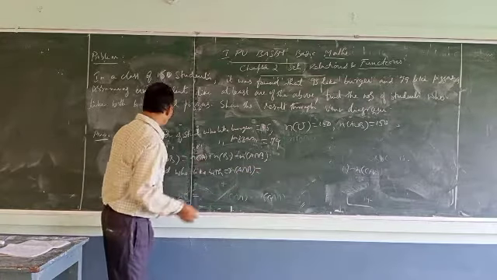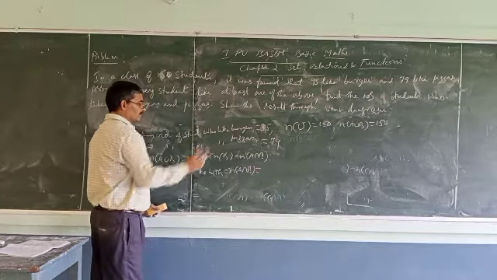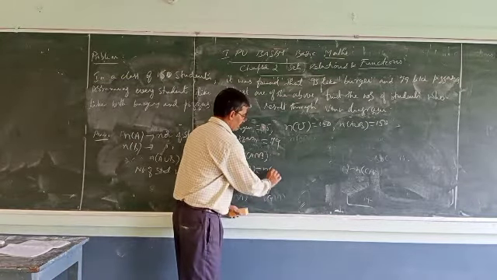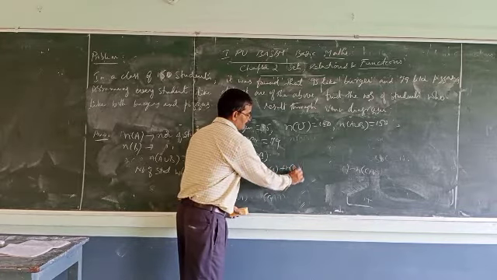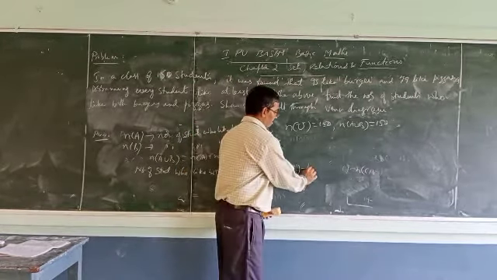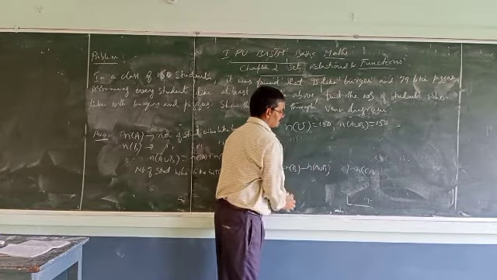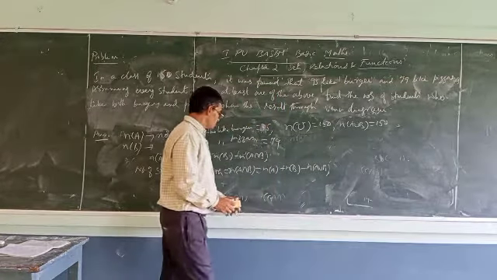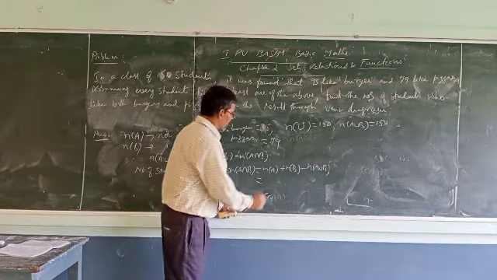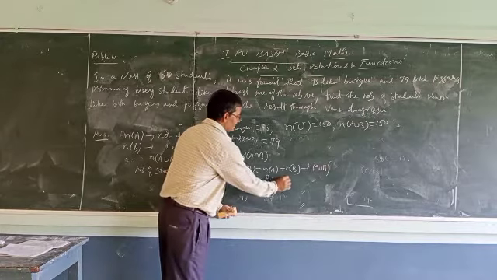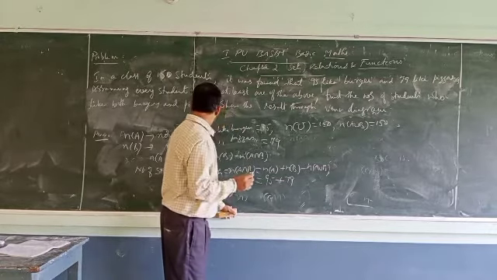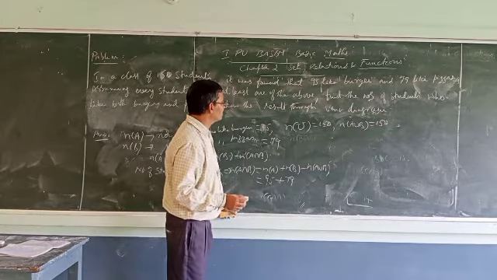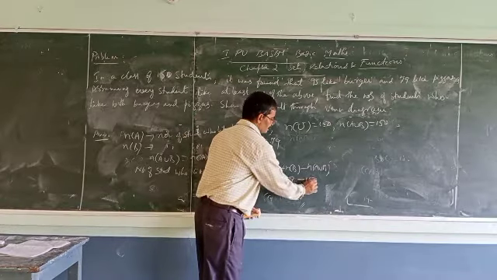Rearrange the formula. This goes to the other side, right hand side. N of A intersection B equals n of A plus n of B minus n of A union B. Simplify. So equal to n of A given 95 plus n of B 79 minus n of A union B 150, the total number of students.